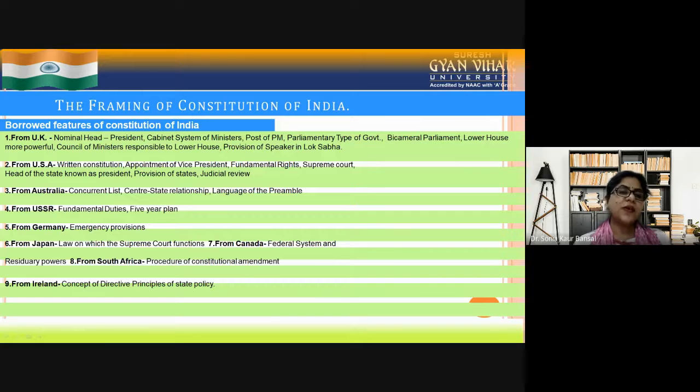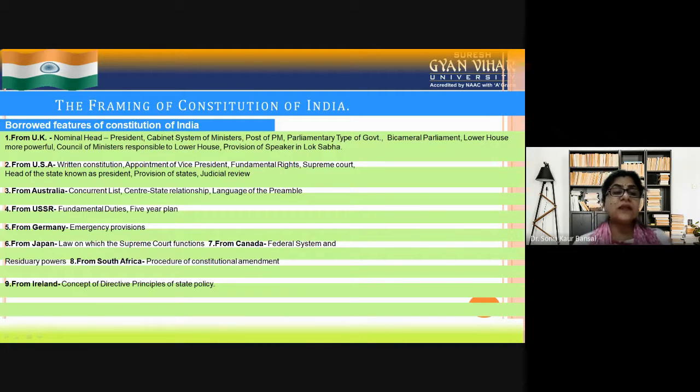So 6 December 1946, formation of the Constituent Assembly in accordance with French practice was done. Then 9 December 1946, a meeting was held. And then 11 December 1946, the assembly appointed Dr. Rajendra Prasad as its president and H.C. Mukherjee as its vice chairman and B.N. Rao as constitutional legal advisor.